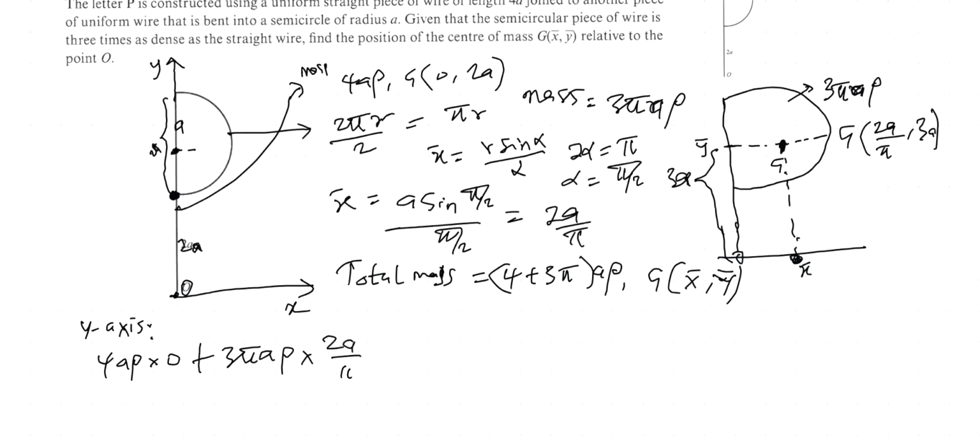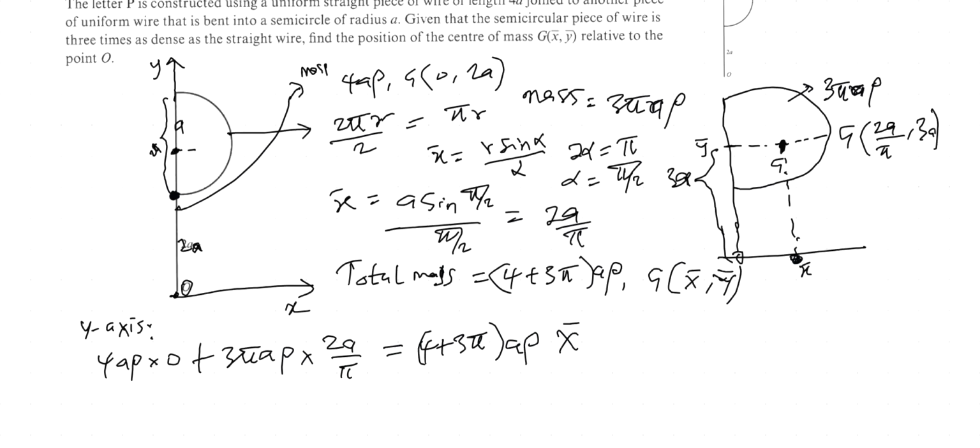This is equal to 4 plus 3 pi, a rho, times capital X, x bar, which we want to find.